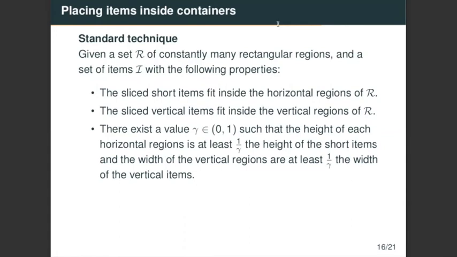And by sufficiently larger, we mean by a factor 1 over gamma, where gamma is a fixed constant.